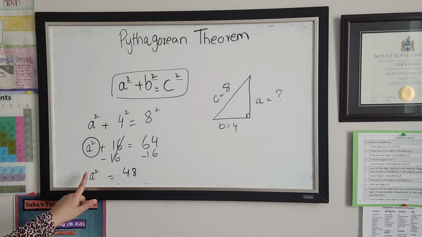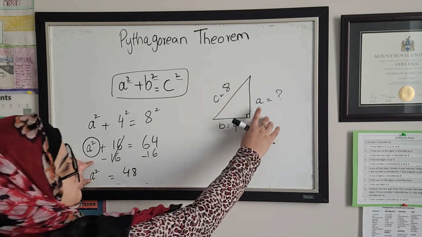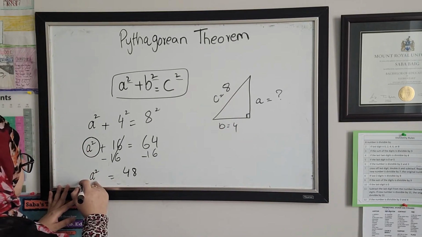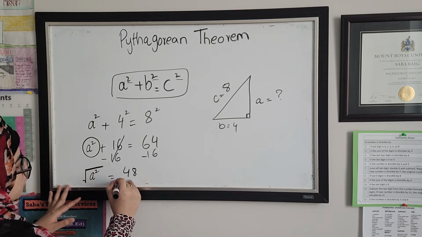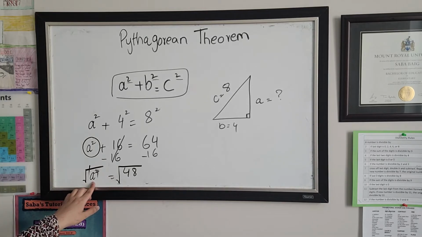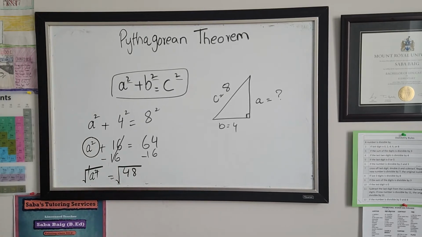But 48 is the answer for a squared. I'm just looking for A. How do I get rid of this square? The opposite of square is square root, so you have to do the square root on both sides. So the square is gone, and I'm just left with A. What is the square root of 48? I'm going to use my calculator again.